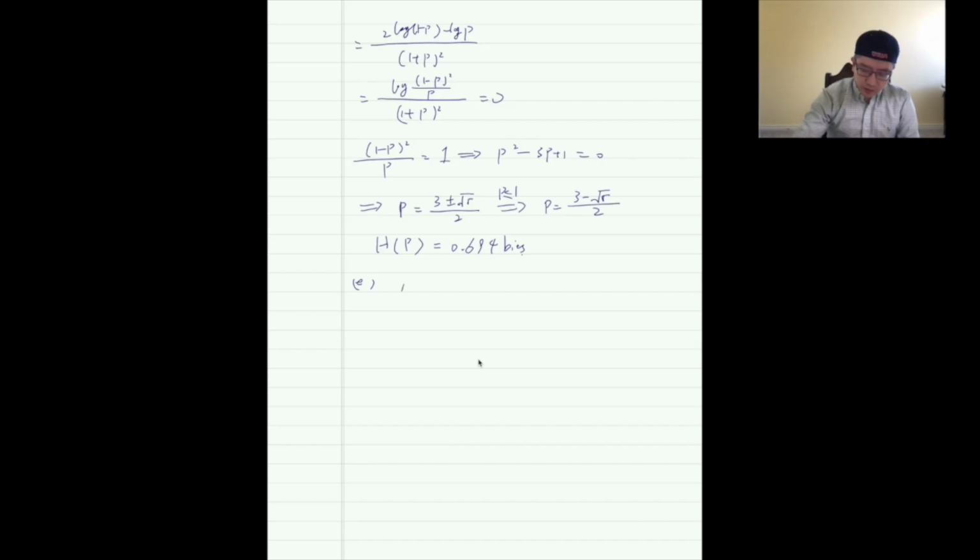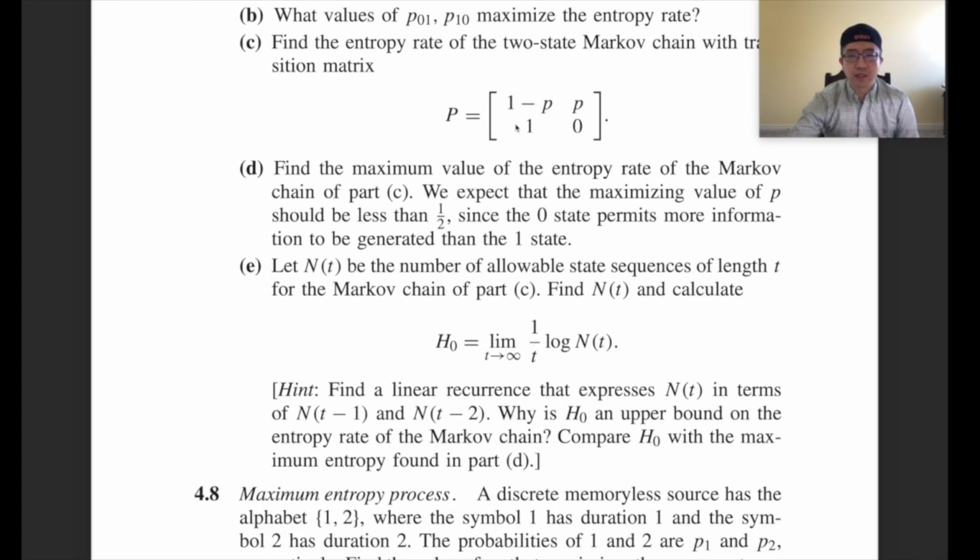So here you can see that when the first time slot t is 1, there are 2 states, 0 and 1, right? Therefore n1 is 2. And for n2, let's see what that is.